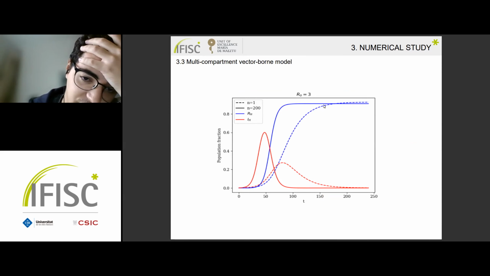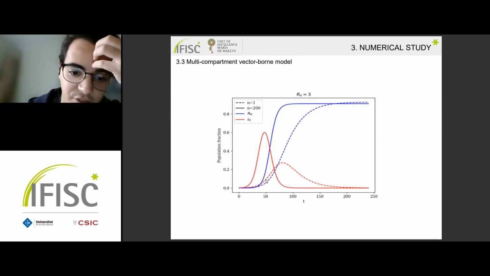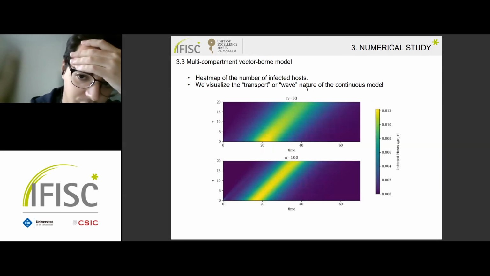We observe a significant difference in the time that we need to reach the steady state. So the disease here lasts significantly shorter than here. In the single compartment case, it takes much longer to reach the steady state. This is another thing that we observe. This comparison was done for the same reproduction number, by the way.